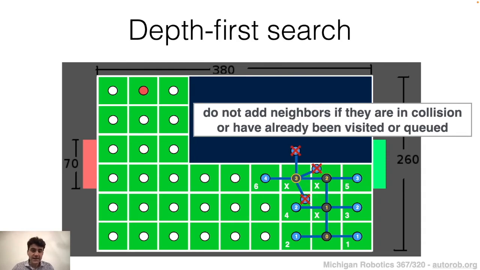So in this case, the only new node that's added to the visit list is the node marked with the square 6, the 6th node within the current visit list.